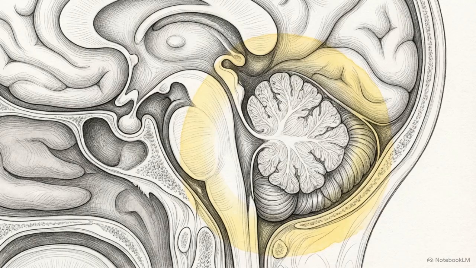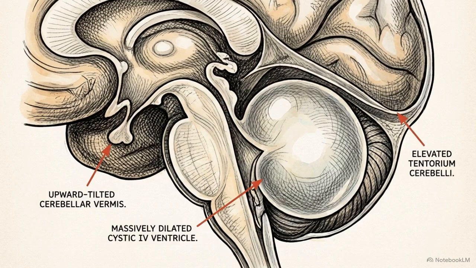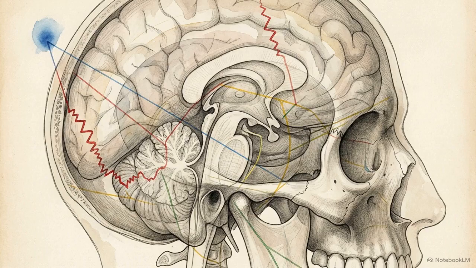This mid-sagittal illustration shows how formation failures present in the posterior fossa. A classic Dandy-Walker malformation requires 3 exact features: a hypoplastic, elevated vermis, a massively dilated cystic fourth ventricle, and an elevated tentorium. The upward displacement of that tentorium produces torcular lambdoid inversion, where the venous confluence sits above the lambdoid suture.